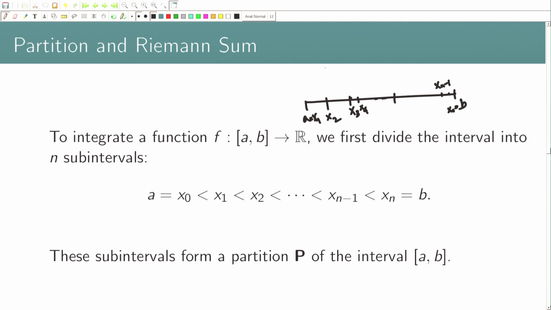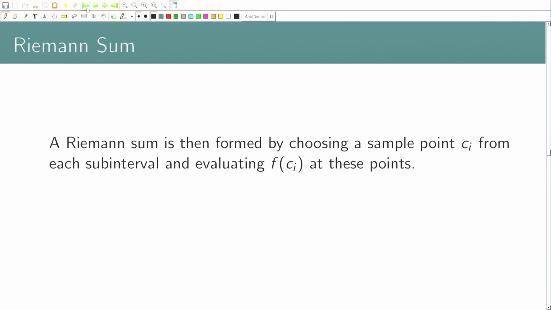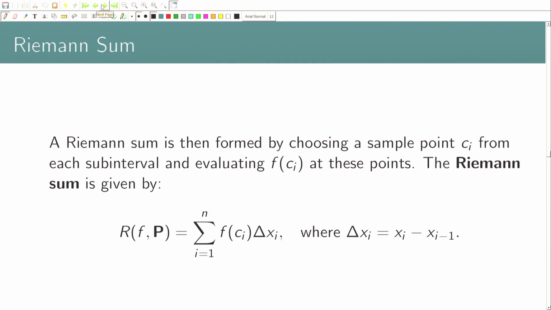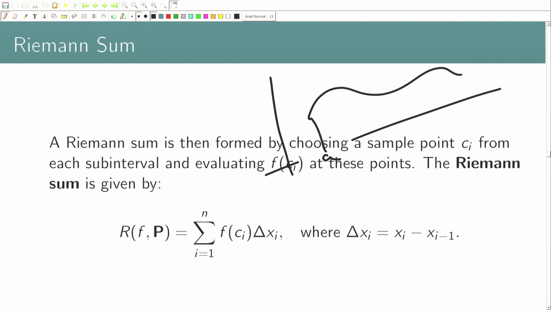Now, the Riemann sum with a given partition: you have a function f defined on a b, and you have some partition x 3, let us say here, this is x i, this is x i plus 1, and this is x n.